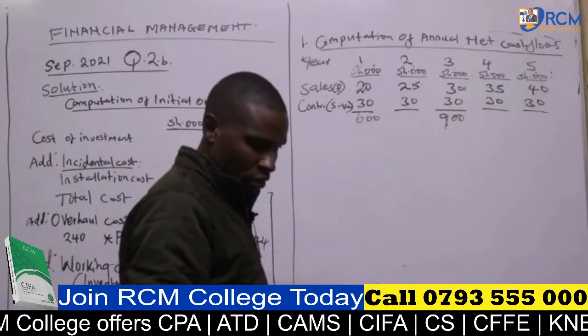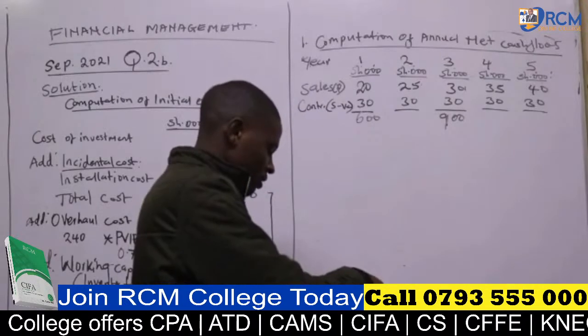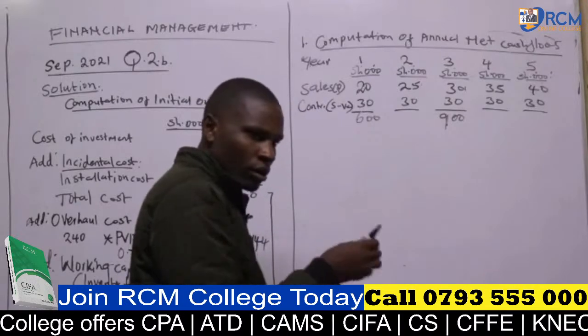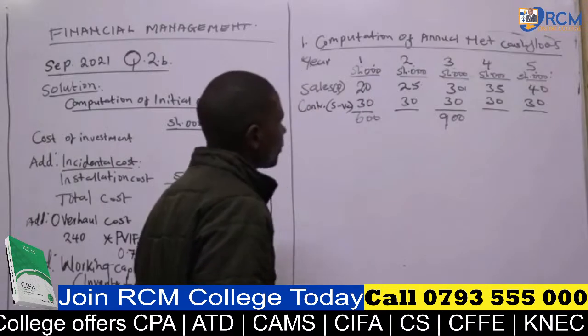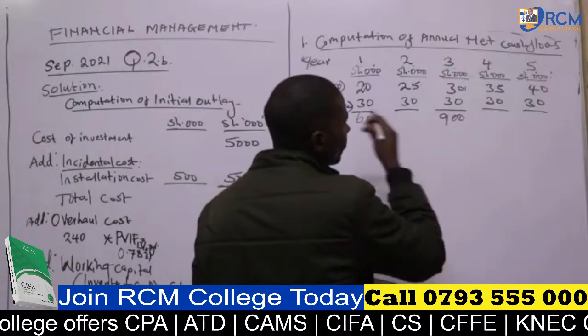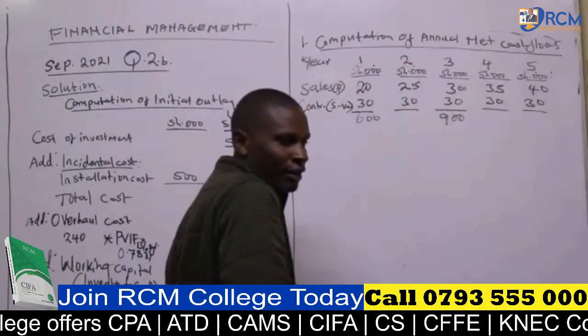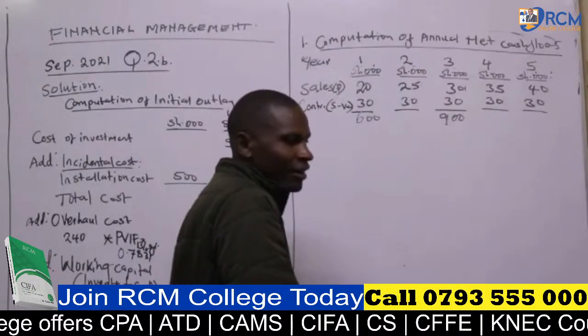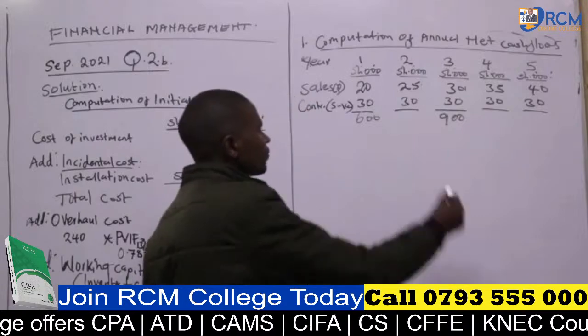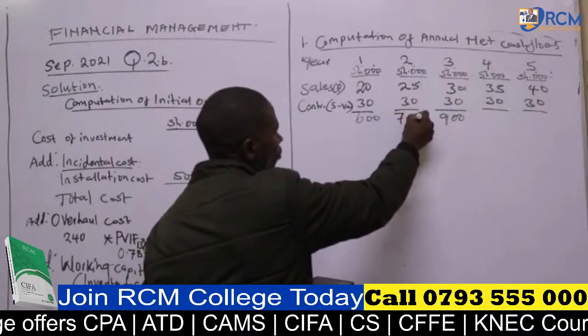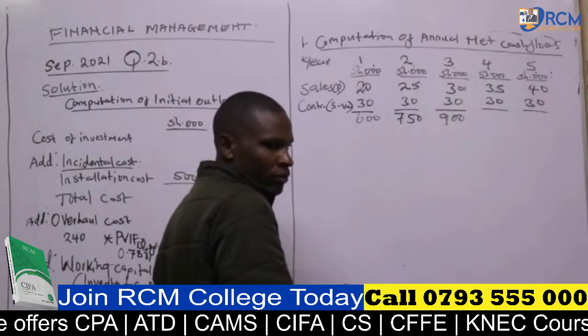25 times 30, so that we are able to move. Mnapata ngapi? Then we go to 35 times 30. Engage your calculator. 750 from Salome. Thank you so much, Salome, for saving us.